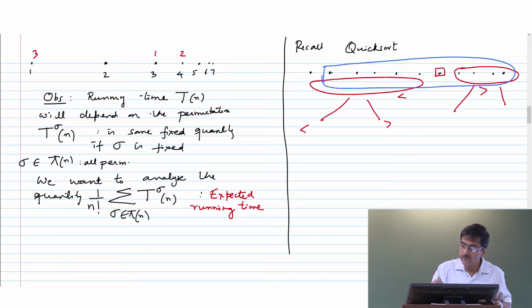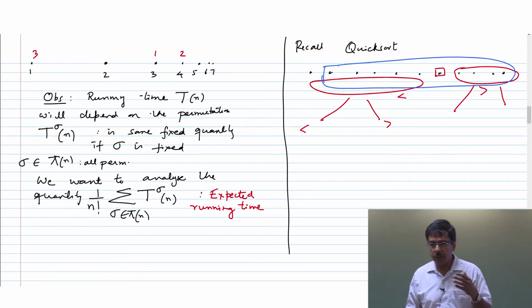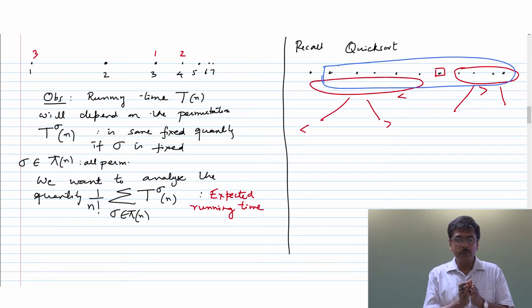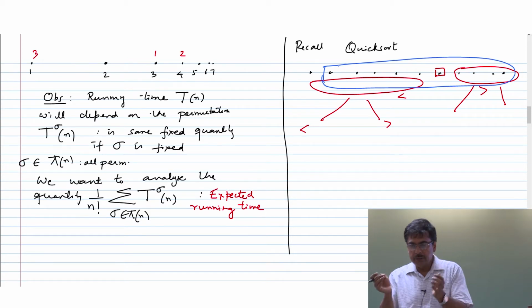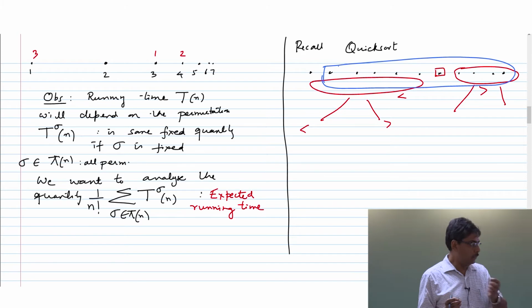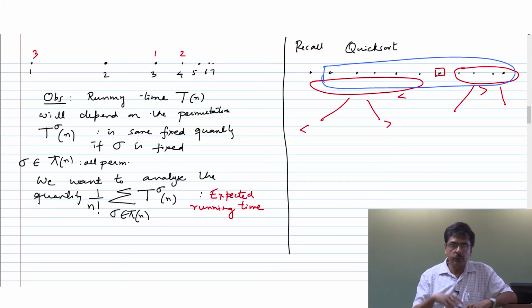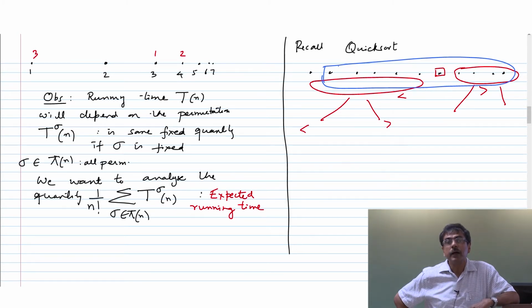If I partition like this, leaving out only one element, next time also leaving out one element, every time I do this, I'm paying the price for partitioning, which is about order n, and I'm only able to shrink the set by one element, right? That leads to that order n square behavior. And you are saying that if I pick the first element, and if I know that, you're going to pick the first element, I'm going to give you an ordering that will make the algorithm execute the worst case.